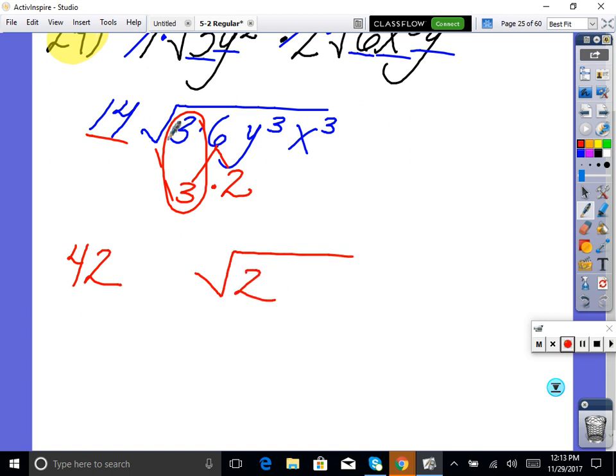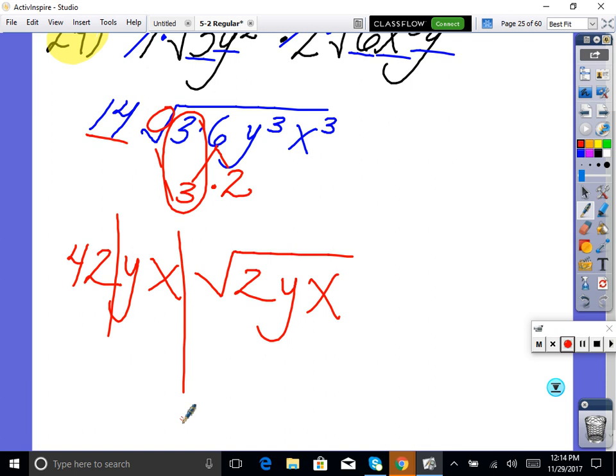Now y cubed, we're pulling out groups of 2. So when I pull out a y, how many is remaining? 1y. Pull out an x, how many is remaining? Perfect. Even root? Yes. Odd exponent here. Odd exponent here. Yep. So you need absolute values around both.